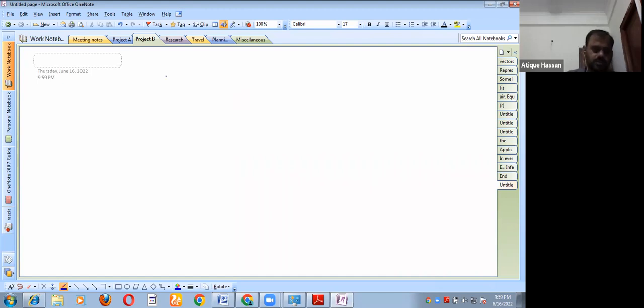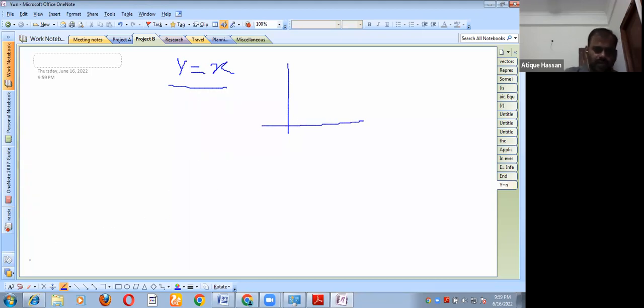So let me explain something about graphs. Suppose you have an equation like y equal to x. All of us know the graph for y equal to x is a straight line, right?